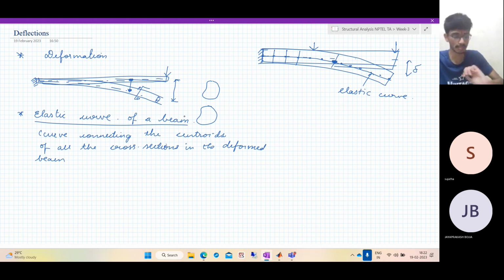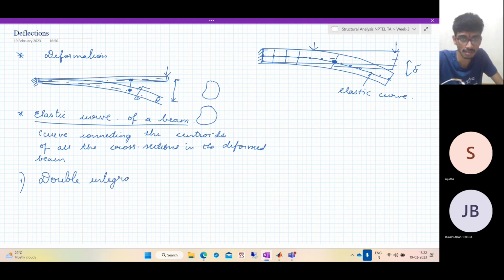We'll be going through two methods. One is the double integration method, and the second one is the moment area theorems.